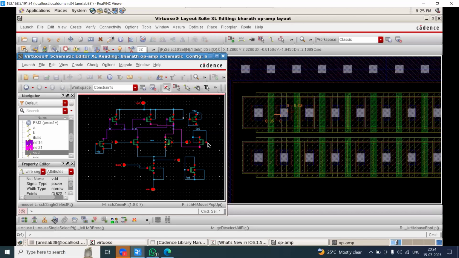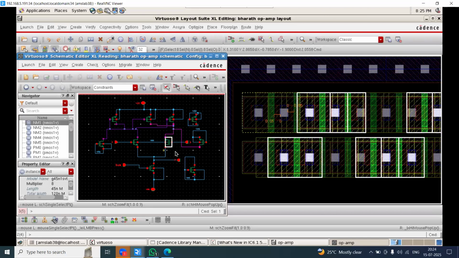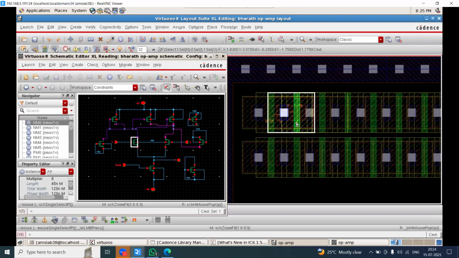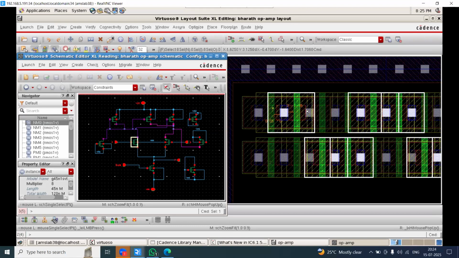If I am placing a single device here, this is a single device, an A device. In the A device, I will be having one source and one drain, correct? One single device, I will be having one source and one drain, correct?